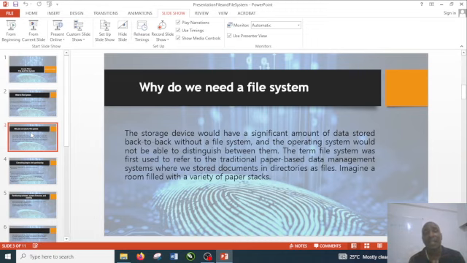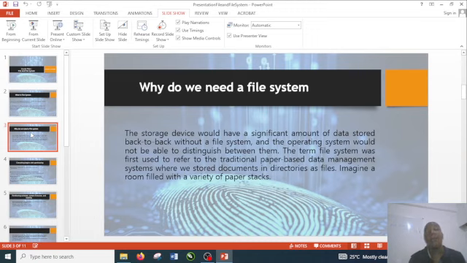It might be difficult for you to get the exact book or paper you need. Say you need a particular file from a room where files are just dumped; it might be difficult to get it.